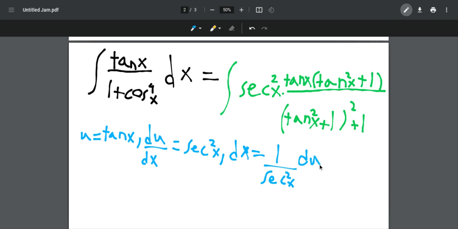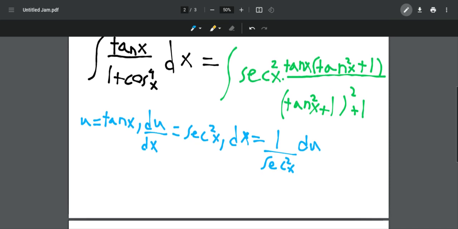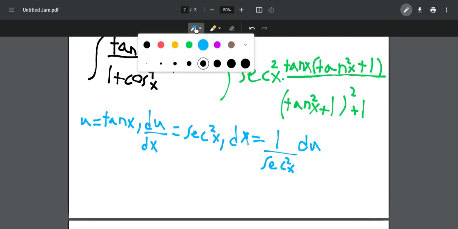Now, the next step is to just plug in. If you realize, when we use our value for dx, 1 over secant squared x and secant squared x cancel out to be 1. So we have a very nice cancellation.